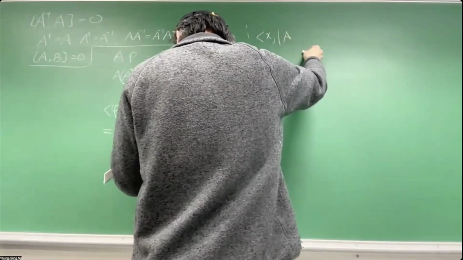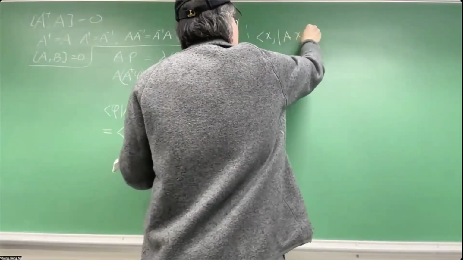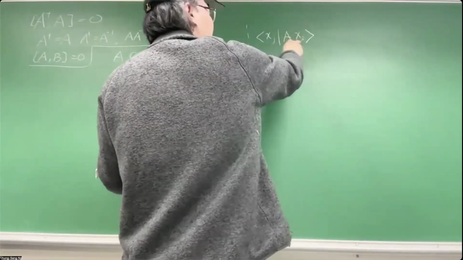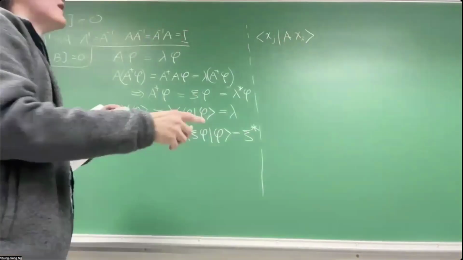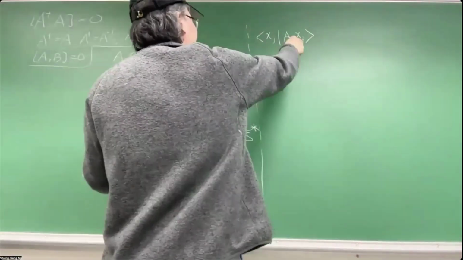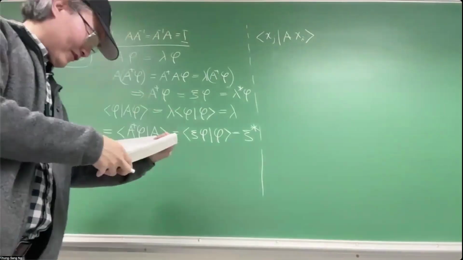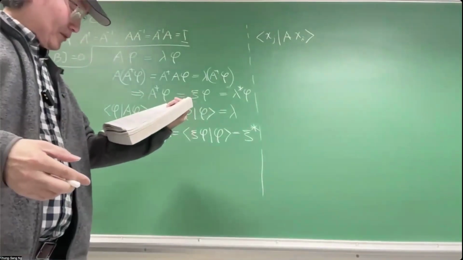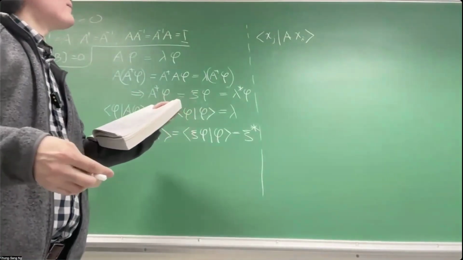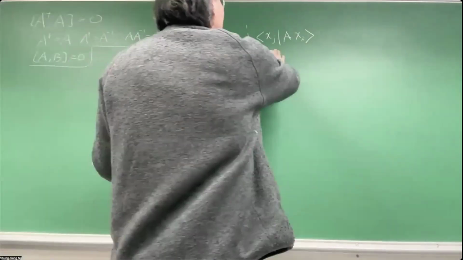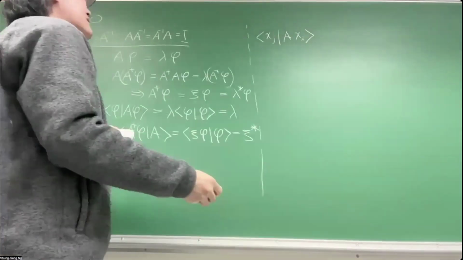Then we do a scalar product of x sub j with A operating on x sub i. Obviously, I'm not totally using the Dirac notation. We don't have the other vertical lines, but anyways, it's just the same.